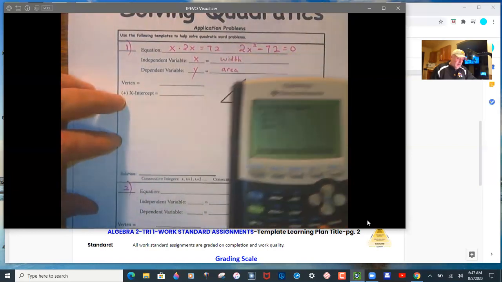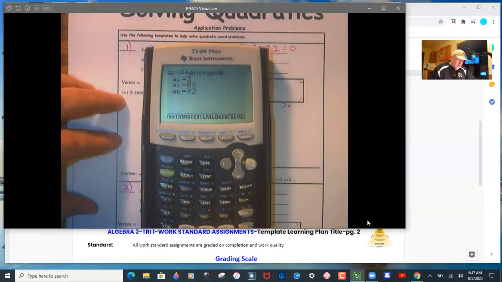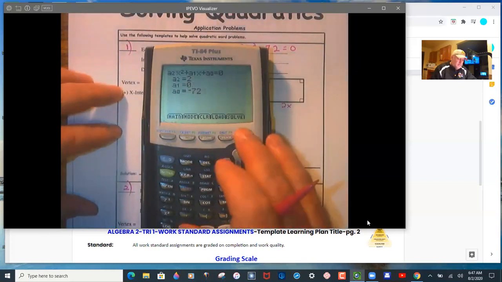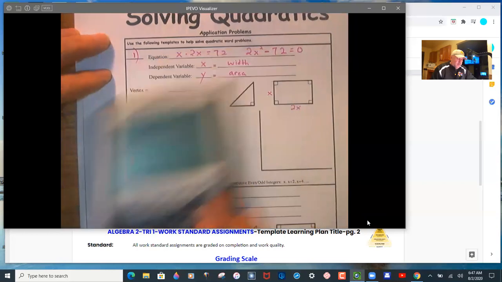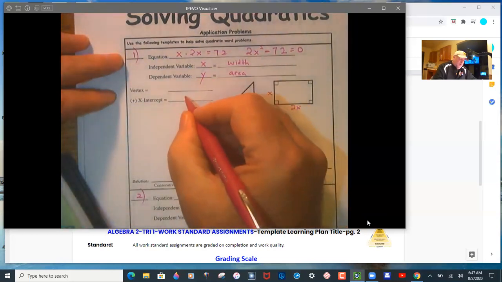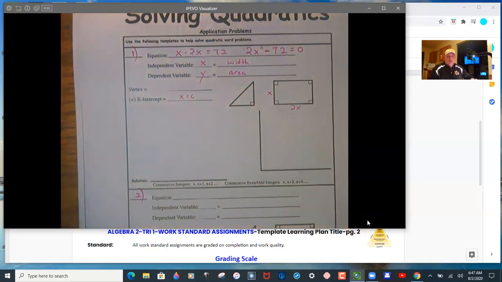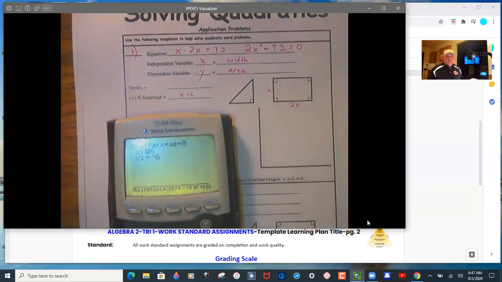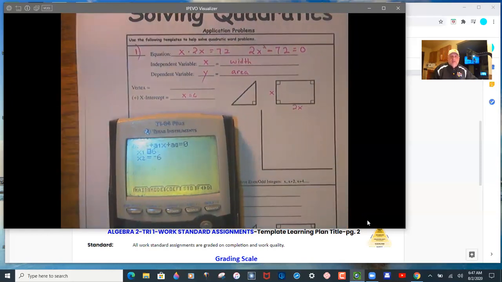Let's see, we're going to have 2 and 0 and negative 72. So 6 and negative 6, and we're going to just pick the positive one. Now the vertex. You can get the vertex, but that's only going to matter when they ask you for a maximum value of something.